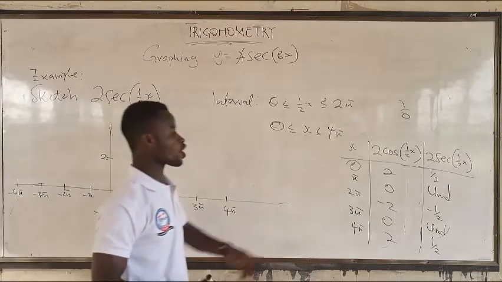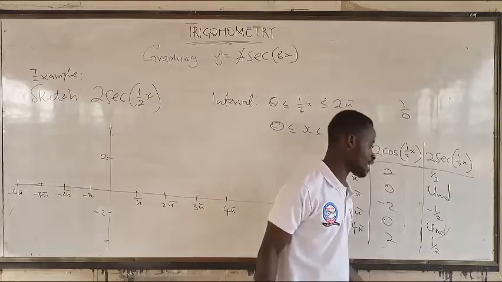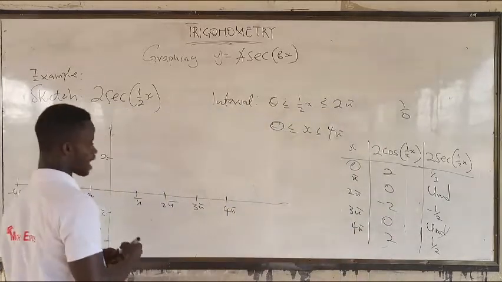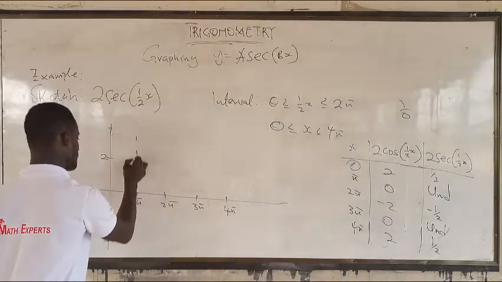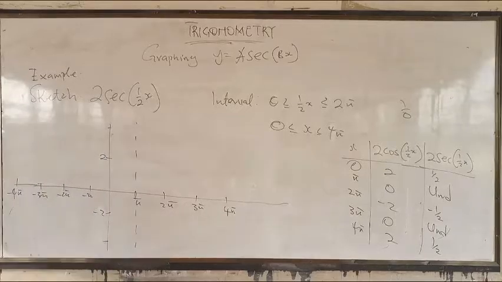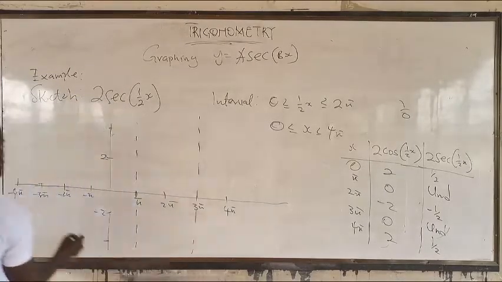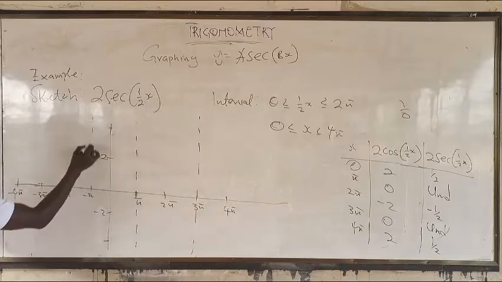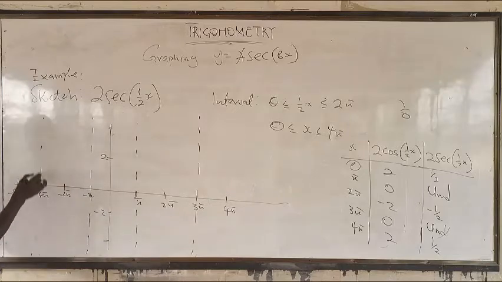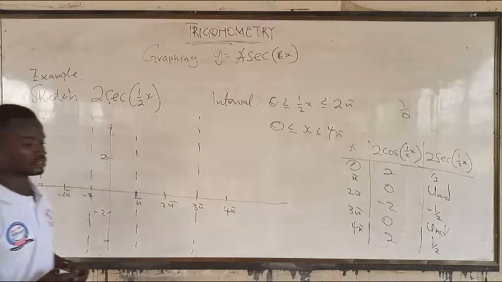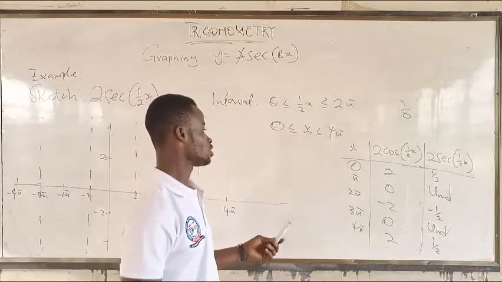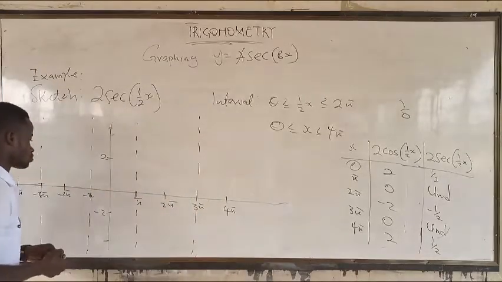Alright, and for cos, no problem, but for sec, it's asymptotic at pi, and at 3 pi also. In the same way, it will be for the negative side. Very nice. But let's focus on sketching for cos.